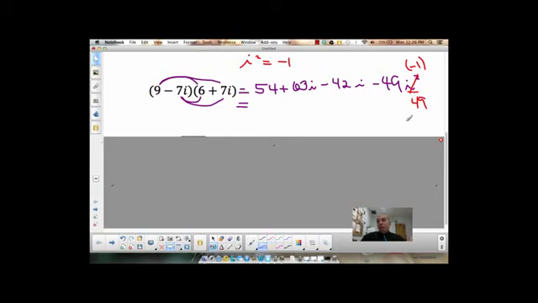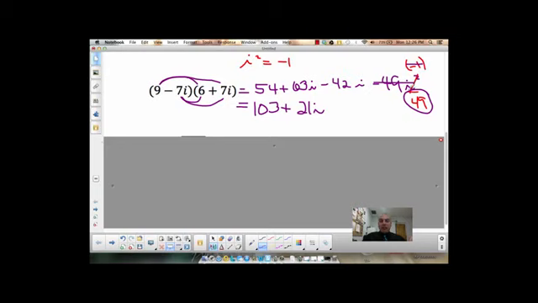Alright, so back to the color that we were working on before. Okay, so now that we know this is gone, and the only thing I'm really left with is this positive 49 out here. 49 and 54, that'll add to 103. 63i minus 42i is going to be positive, because the larger number, of course, is 63, and 21i.